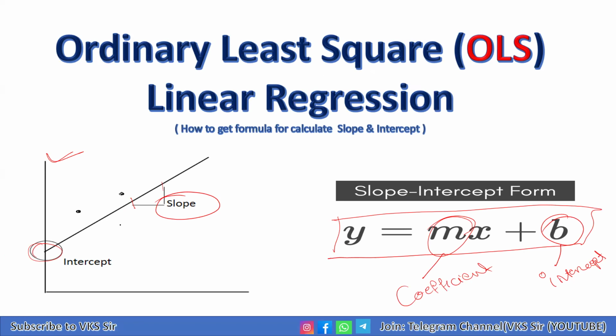If the data points are spread like this, these are nothing but the actual values, or you can say the estimated values. And the line is the predicted line. So this part is nothing but the predicted part.